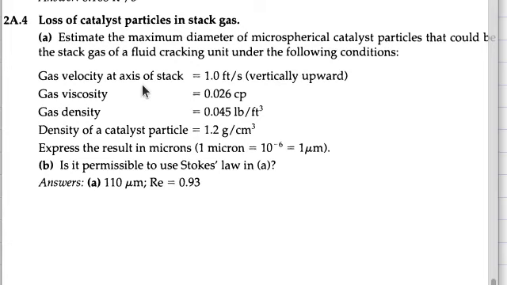Gas velocity has been given, gas viscosity is given, density is given, density of catalyst particles are given, and they are saying that you need to find the radius in micron, and they are also asking if this Stokes law is valid here or not.